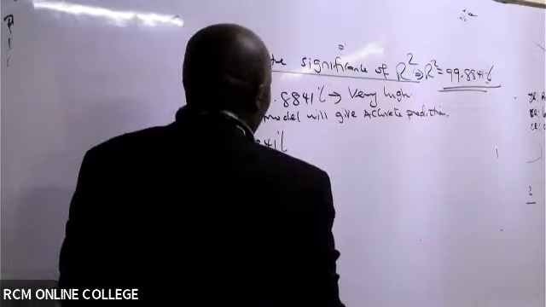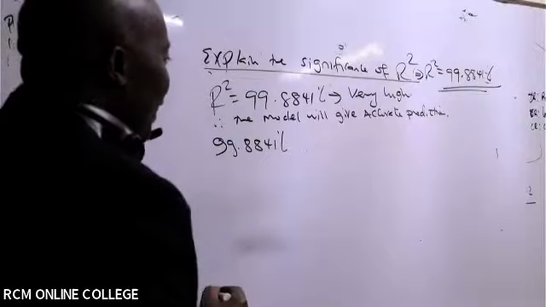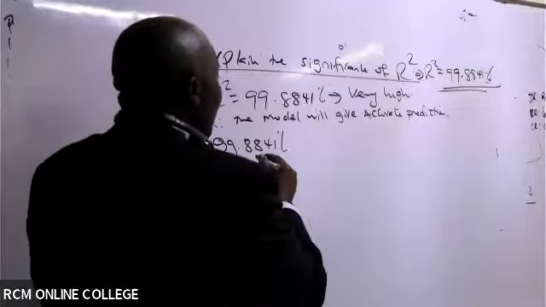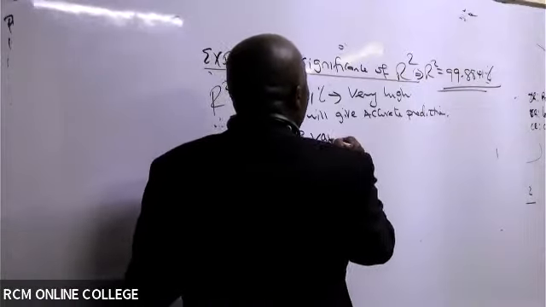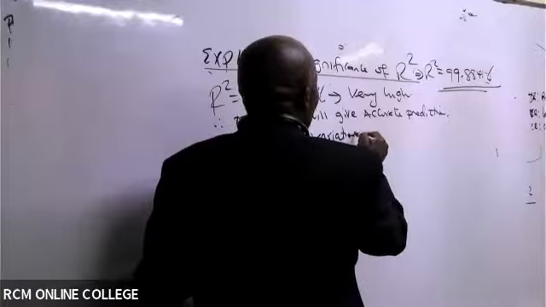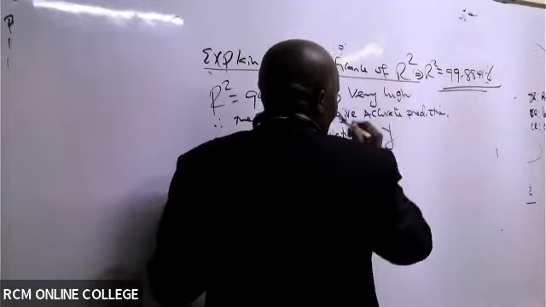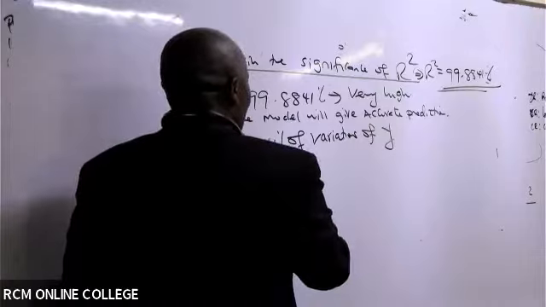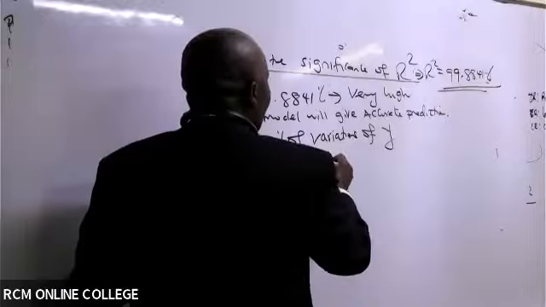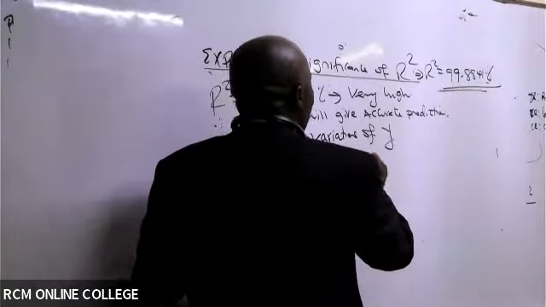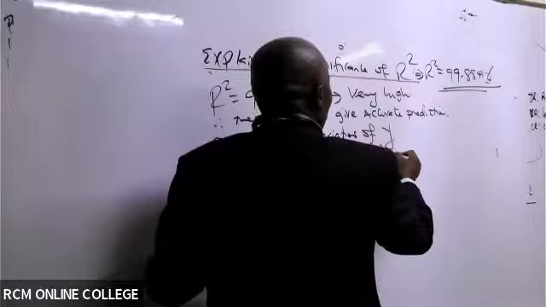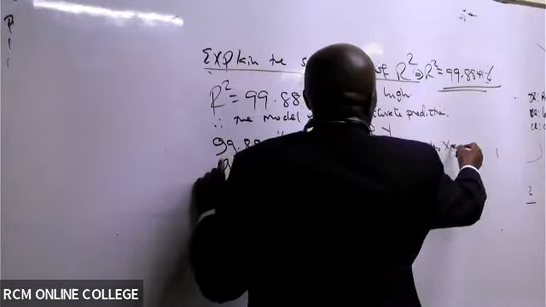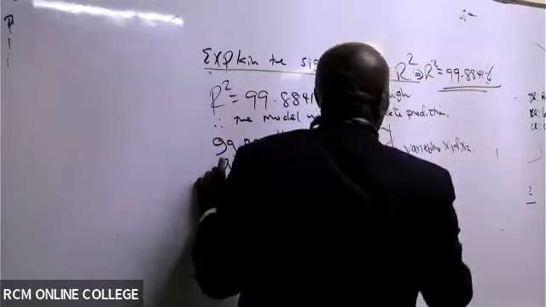But the most important thing is for you to appreciate this. It means that 99.8841% of variations of y are explained by independent variables x1 and x2.